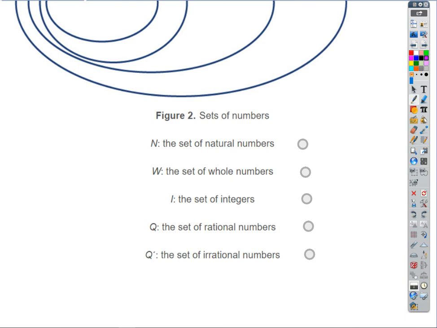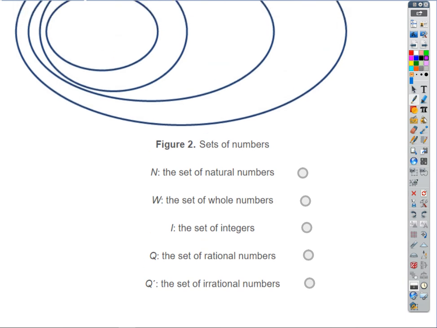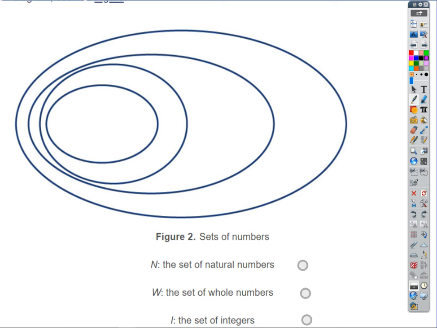What do you think? Can somebody tell me where one of those is gonna go? We got all the letters, I instead of Z, representing these subsets of the set of real numbers. Can you tell me where one of those should go? Okay, N's gonna be the small circle, the small set, right?